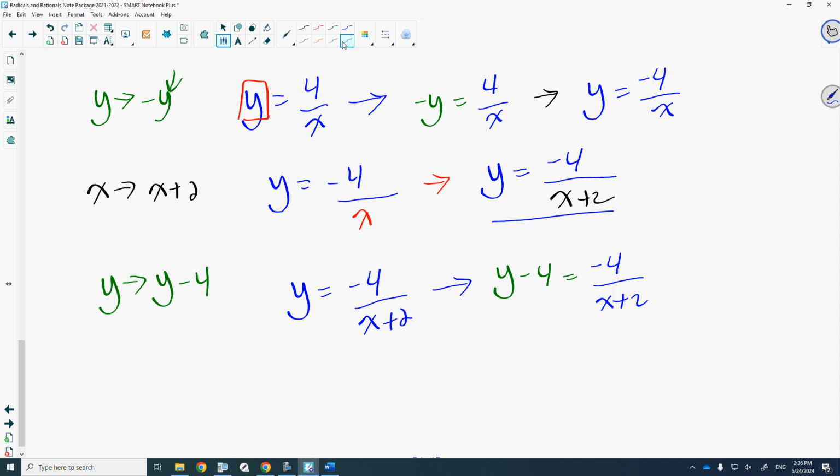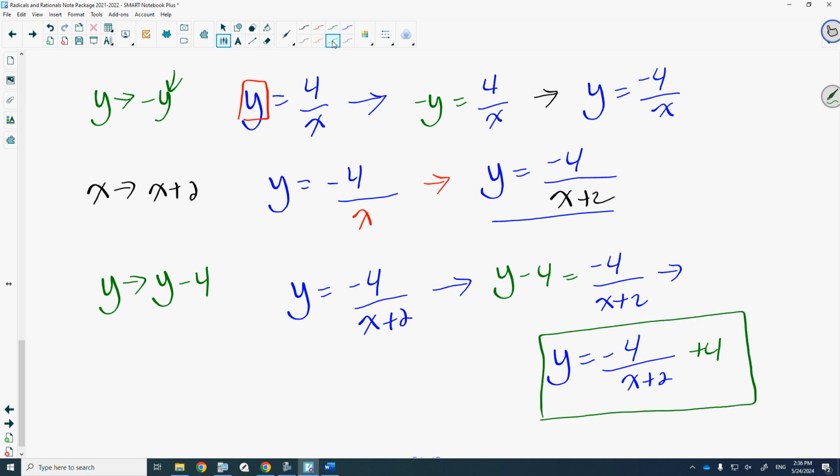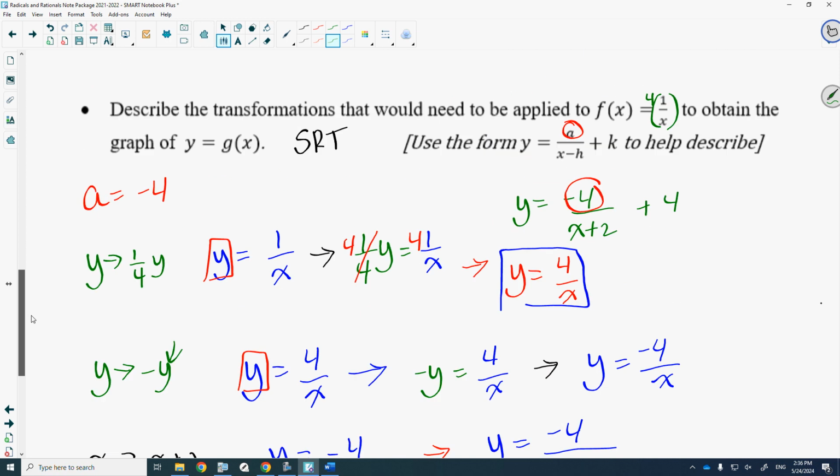And then I will add 4 to both sides. And that's how, using replacement notation, we would get our equation in this form.